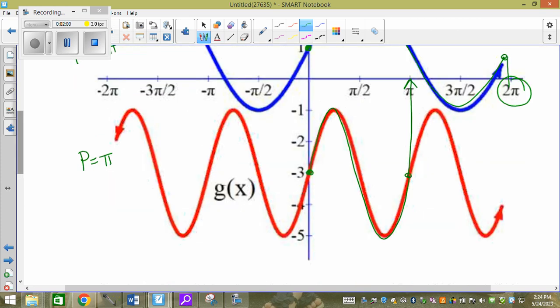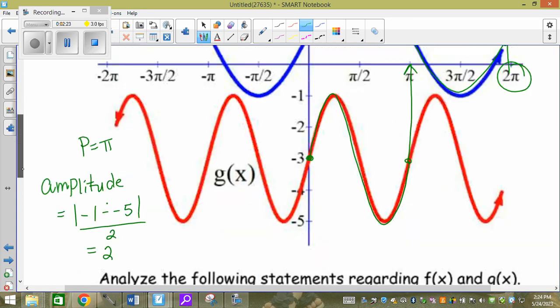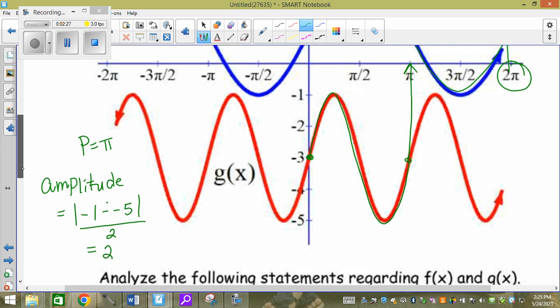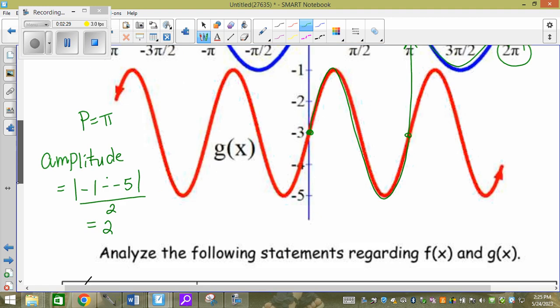And the amplitude of this graph equals the absolute value of the max, which is -1, minus the min, which is -5, divided by 2, which is 4 divided by 2, which is 2. So are the amplitudes the same? Is the height differential between these two both 4? The amplitude's half of it, right? So they both have an amplitude of 2. So that's good.